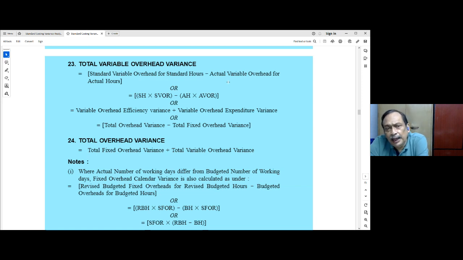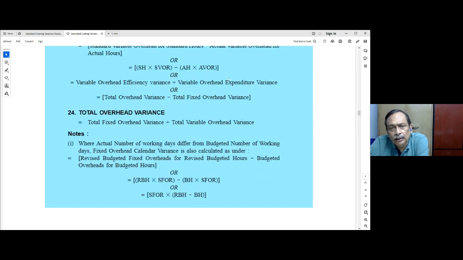Or as a checking, variable overhead efficiency variance plus variable overhead expenditure variance. Or we may write total overhead variance minus total fixed overhead variance. And finally, total overhead variance, comprising both fixed and variable, comes to total fixed overhead variance plus total variable overhead variance.